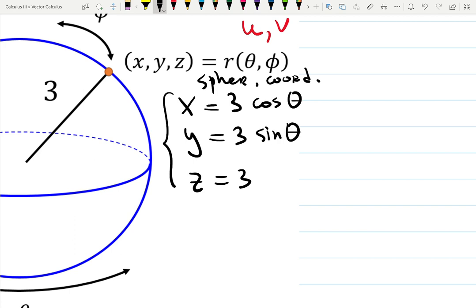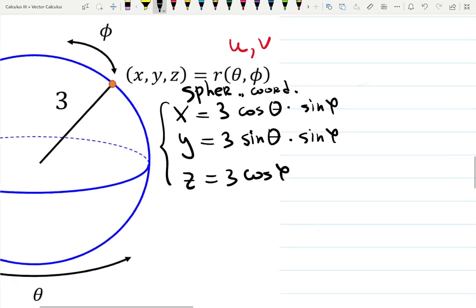But each has also what? Sine phi, right? See, I remember it. I always say, if I remember it, you definitely can remember. Most people have better memory than me. And then this one will be cosine phi, the one that's missing. That's how I memorize it. So we know spherical coordinates, right?